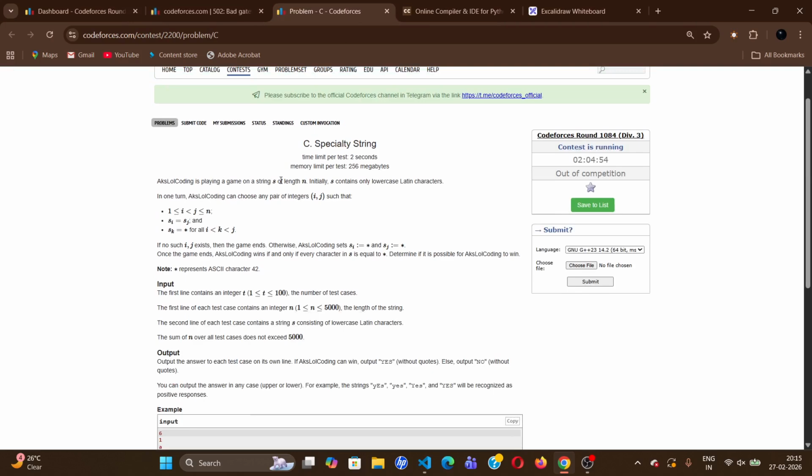Is playing a game on a string s of length n. Initially, s contains only lowercase Latin letters.